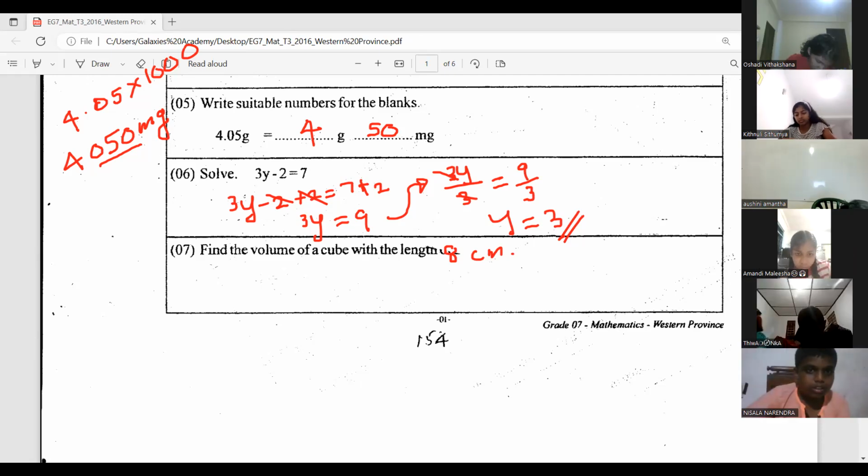Nisala, what is the volume finding method of a cube? Nisala, can you hear me? Right, can you tell me what is the formula for the volume of a cube? Don't remember.